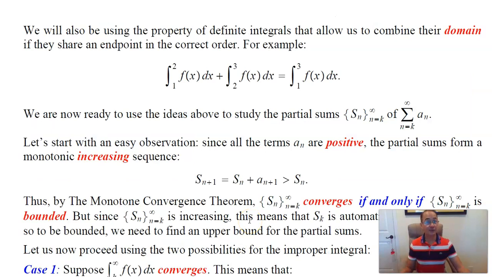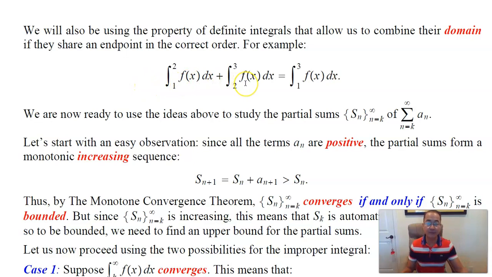All right, we are ready to finish the proof. We created some inequalities involving the integral from 2 to 3, 3 to 4, but our improper integral goes from k to infinity. So we're going to have to put those building blocks together, and we know that we can do that by the additivity property of definite integrals.